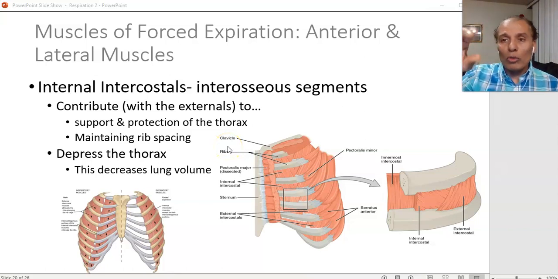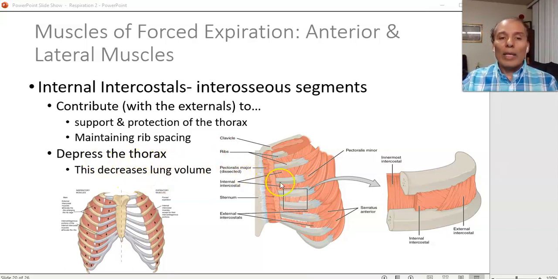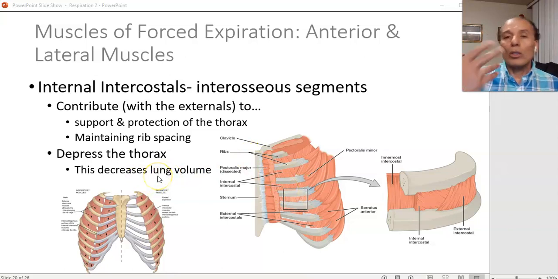You don't want ribs to collapse. They depress the thorax, and when you depress the thorax, you decrease its volume. When you decrease the volume, that is going to decrease the volume of the lungs, and that will increase the pressure in the lungs, and the increased pressure will force the air out.